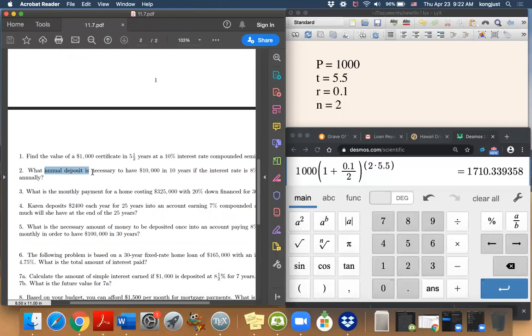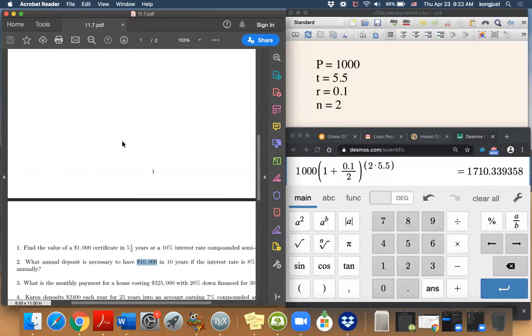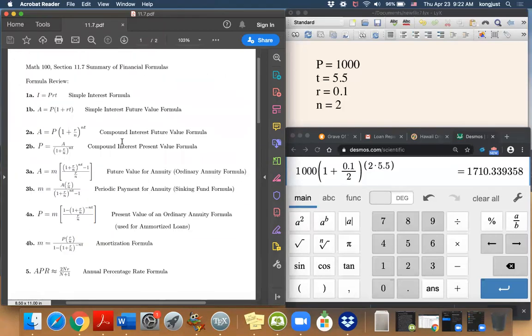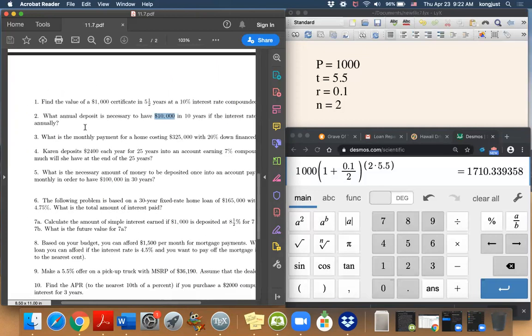So it's not going to be a future value because it's telling you the future value right here, right? You want to end up with 10,000. So we know the future value, and we also know we're making annual deposits, right?